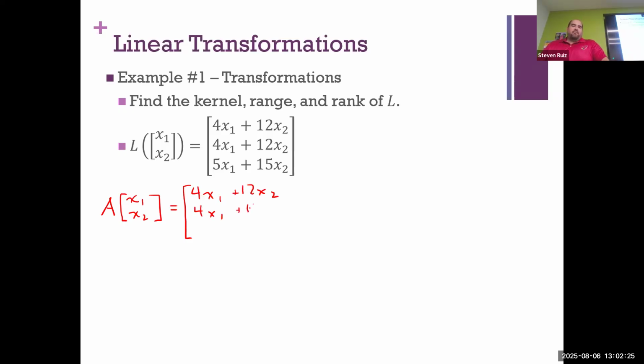So in order for me to find the kernel of L, I need to find the matrix that is represented by A, so I can find its null space. So how can we find that matrix A?